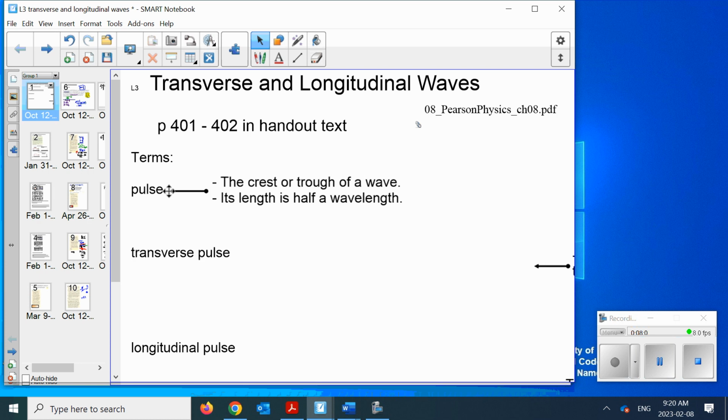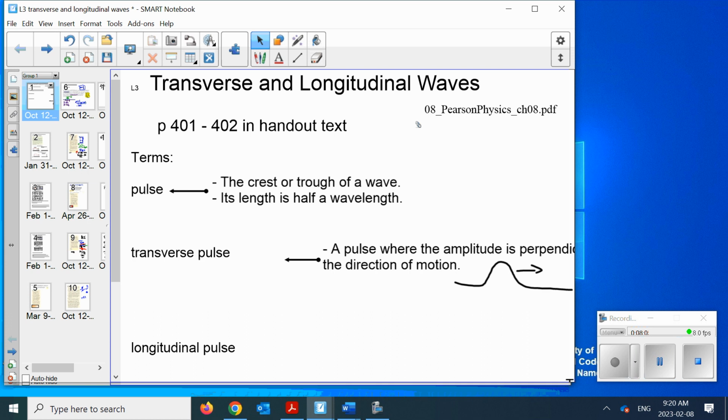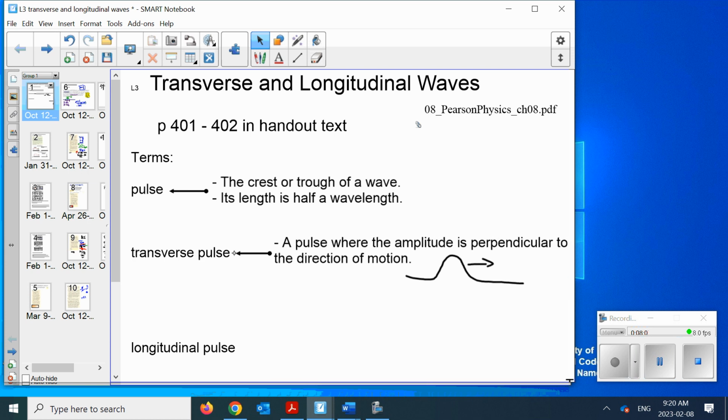And then a transverse pulse, where the amplitude is 90 degrees perpendicular to the direction of motion. That's called a transverse. So that's what we're going to be playing around with, the slinkies and whipping our hands like we whip a towel to generate noise.